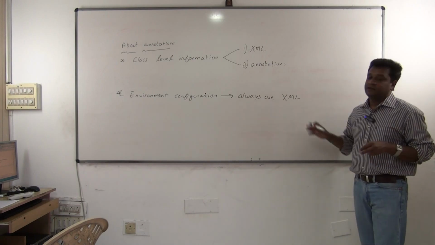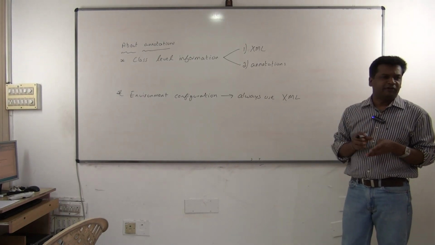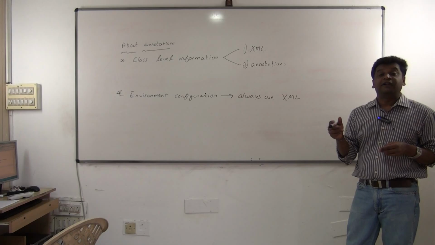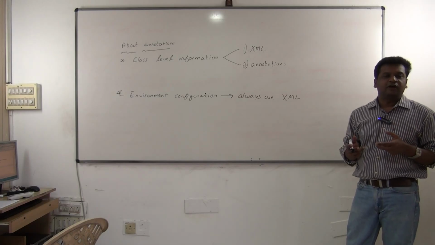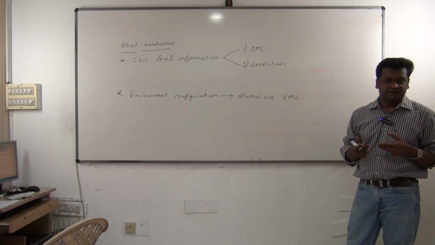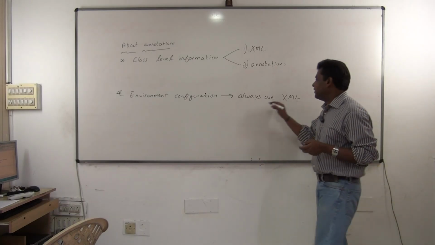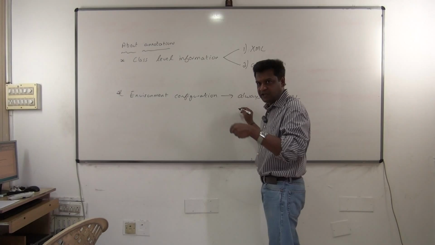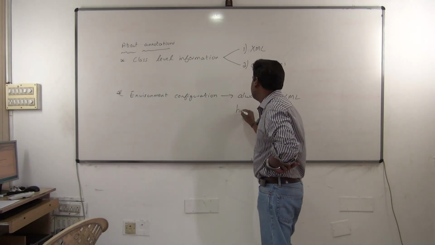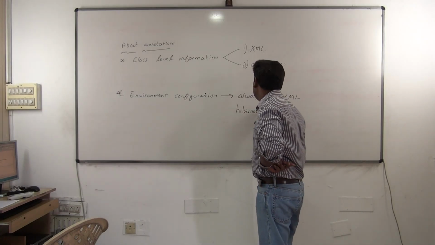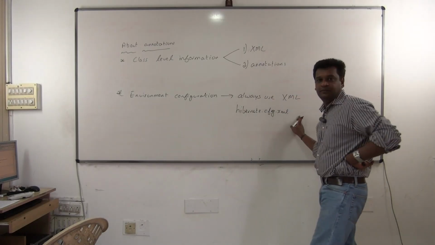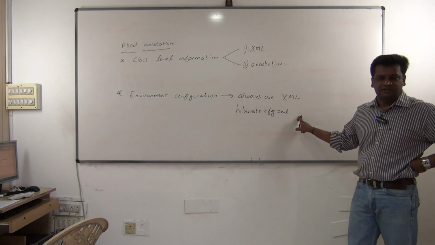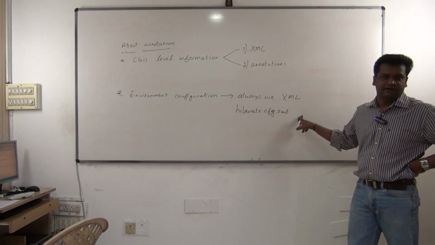Environment configuration means if you want to do any configuration about an environment, like say I was providing the database connection details, that's nothing but an environment you're setting. There it is mandatory to use XML. So for environment configuration in Hibernate, we are using which file? Hibernate.cfg.xml file. Here you have to use hibernate.cfg.xml, and you have to use XML only.